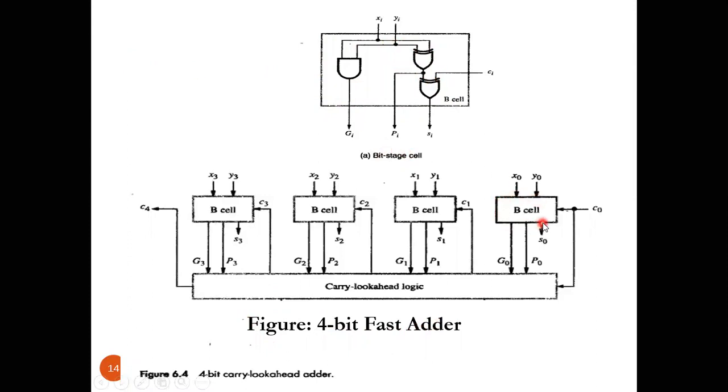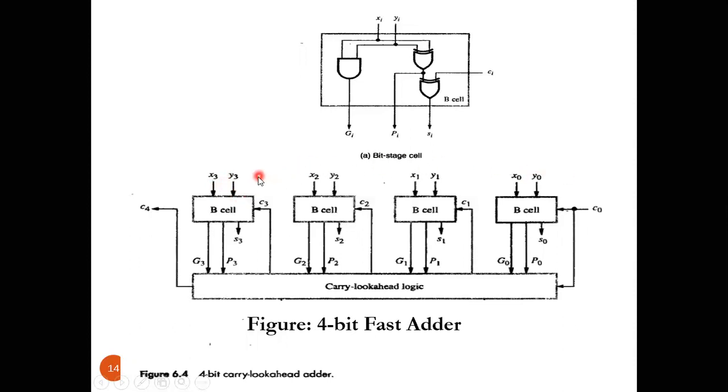So you can see here the B cell for the 0th stage, B cell for the first stage, B cell for the second, and B cell for the third stage. Now, as you see here, the inputs are X and Y. For the 0th stage, it is X naught, Y naught. For the first stage, it is X1 and Y1. For the second stage, it is X2, Y2. And for the third stage, it is X3 and Y3.